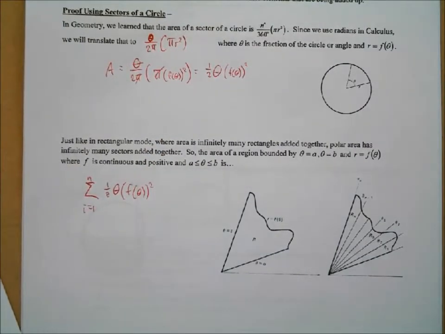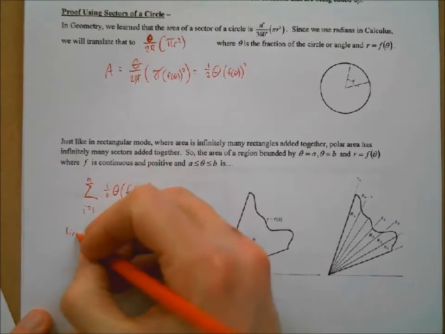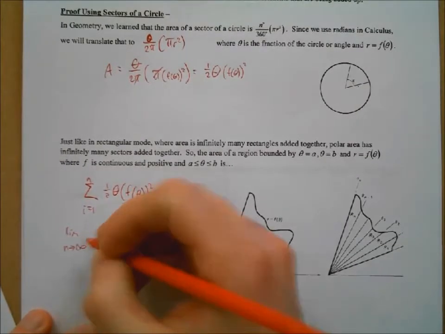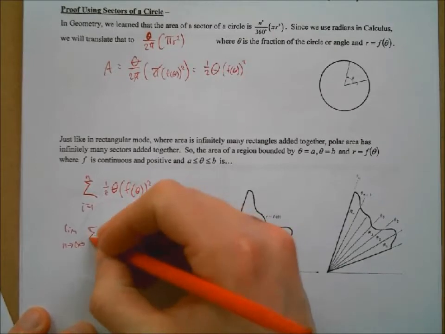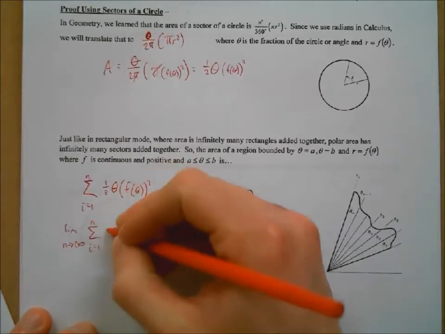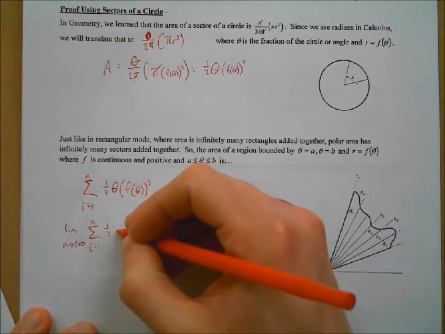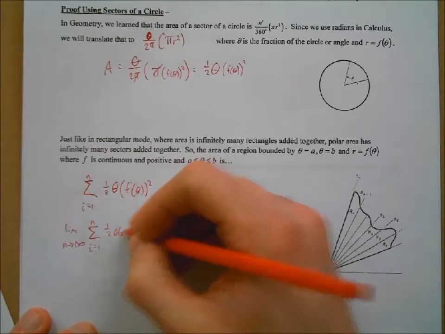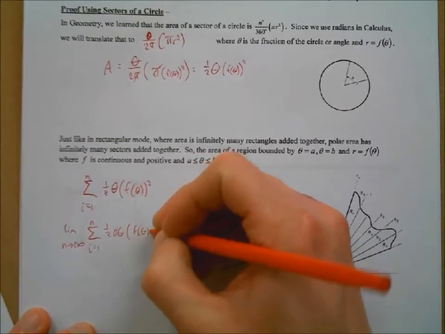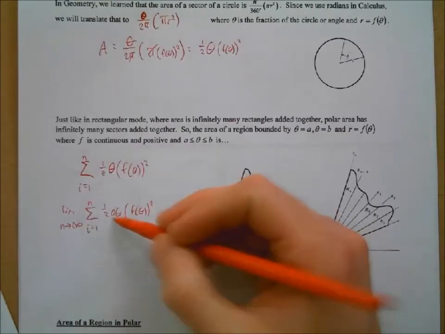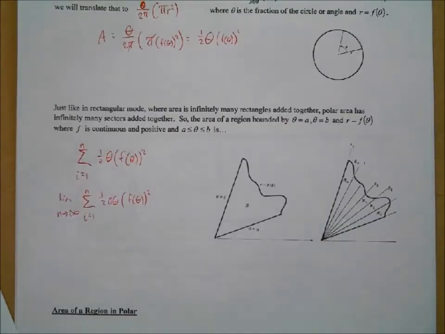Or that's the sum of all those little sector areas, but of course we want it to be an infinite number, so then we'll take the limit as n approaches infinity of the sum from i equals 1 to n of 1/2 f of theta squared, times these little thetas. We're going to use d theta there just for a teeny tiny angle, very small theta.